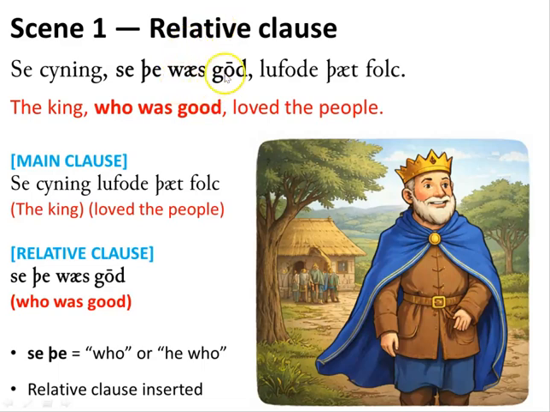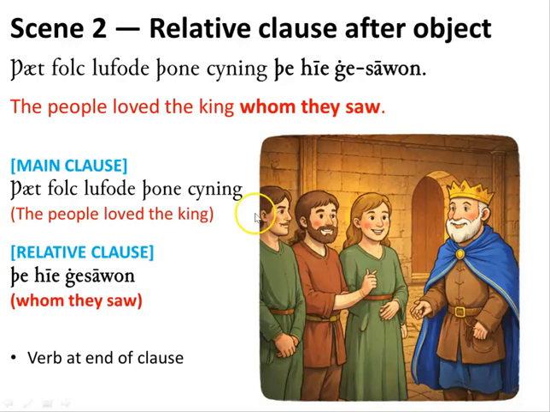You might notice, minor thing, but the verb here is near the end. I'll keep talking about that as we go. So that's a relative clause introduced by the relative particle þe. All right, next one. Þæt folc lufode þone cyning, þe hīe gesāwon. The people loved the king whom they saw.